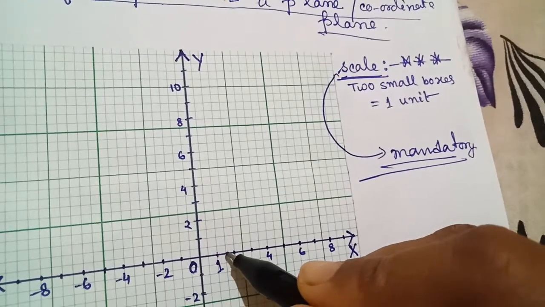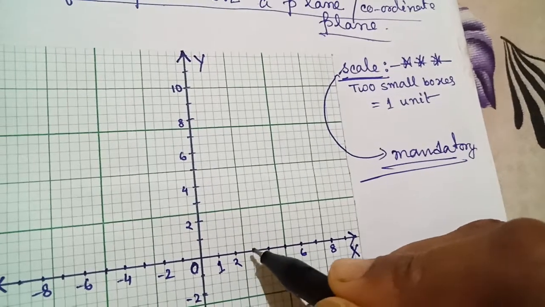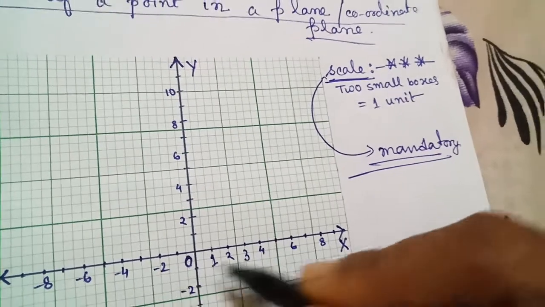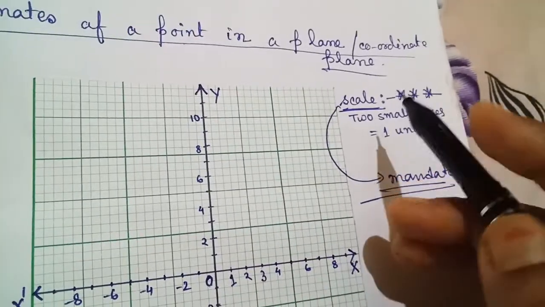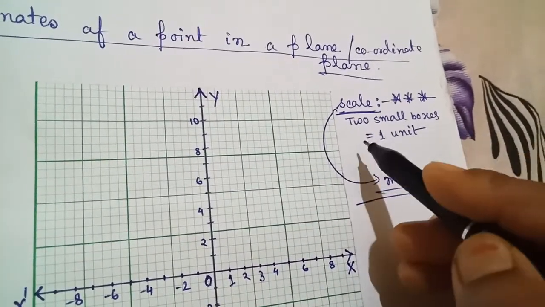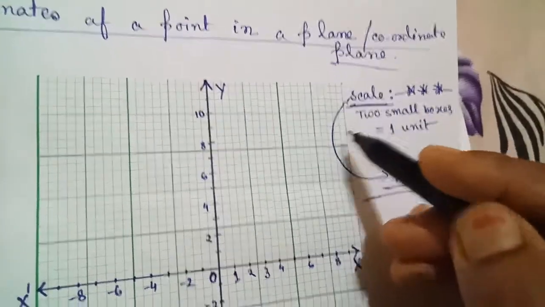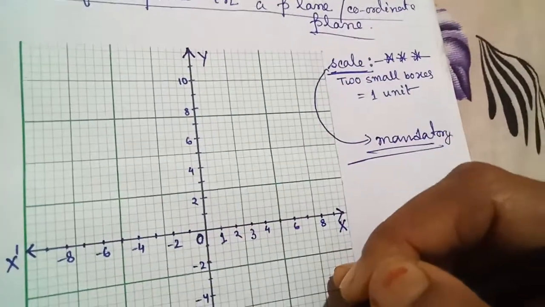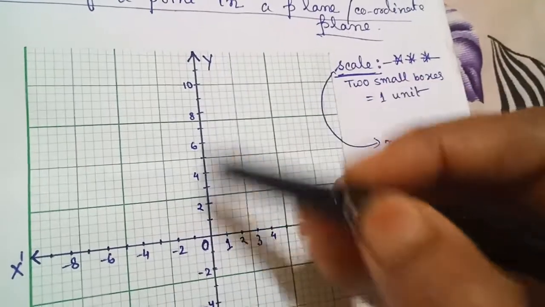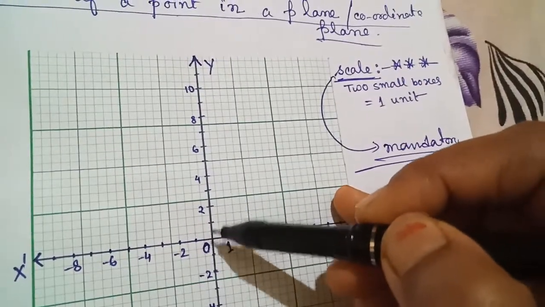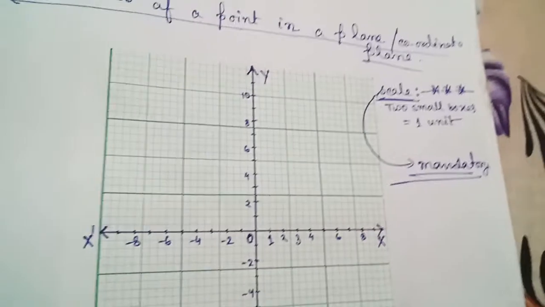Then another 2 boxes, 2 boxes 2, 2 boxes 3, like this. Okay, so I have taken the scale as 2 small boxes equals to 1 unit, and the scale must be uniform for x-axis and y-axis both. You can see the y-axis also I have taken 2 small boxes as 1 unit.